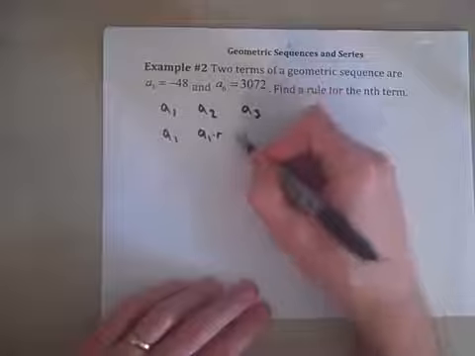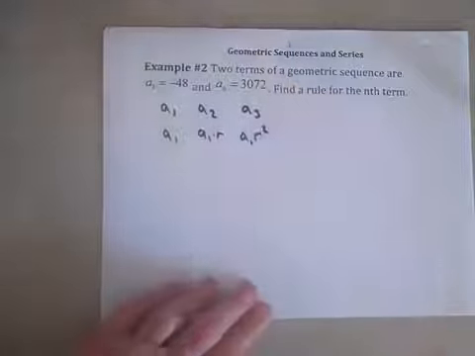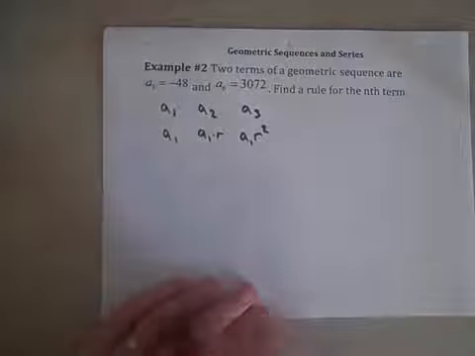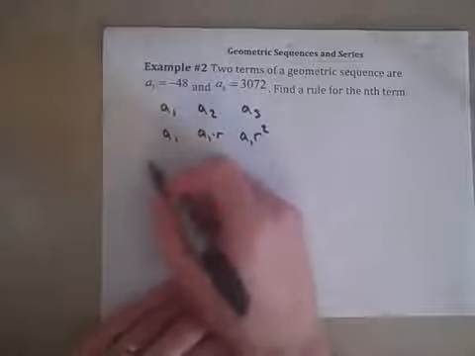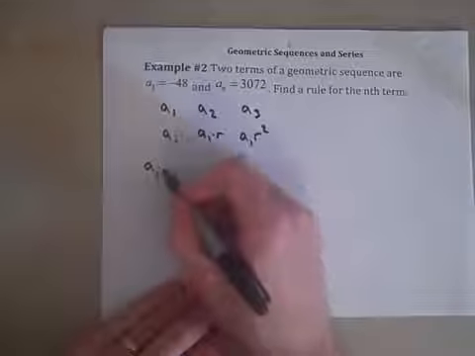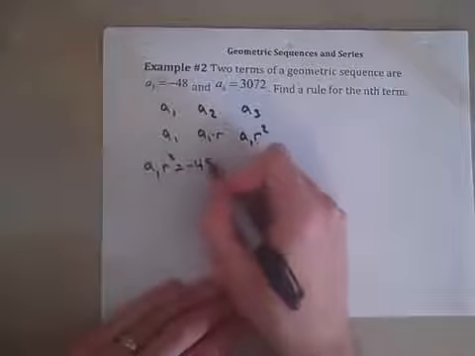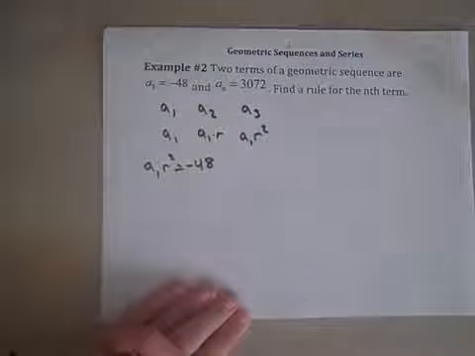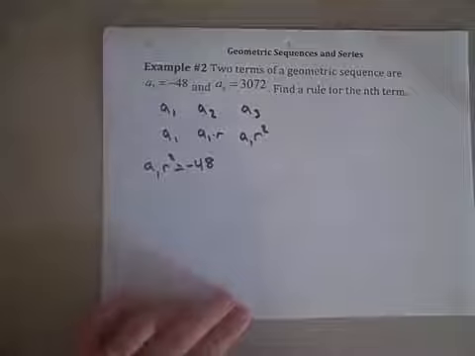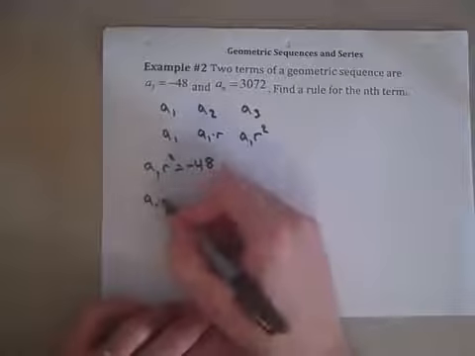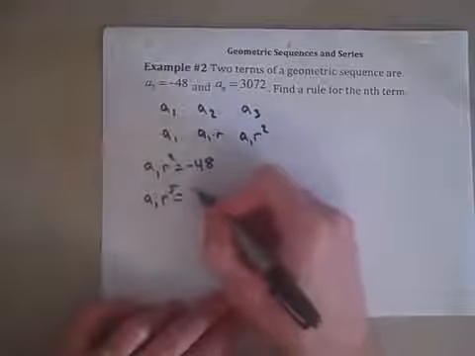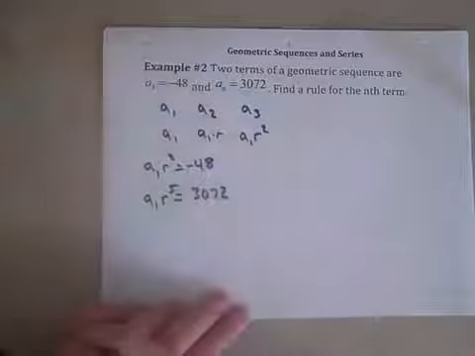So a sub 3 is a sub 1 times r squared. So one equation we have is this: a sub 1 r squared is negative 48. Along the same lines, we would know that a sub 1 r to the fifth is 3072.